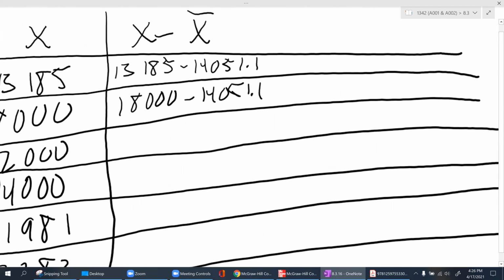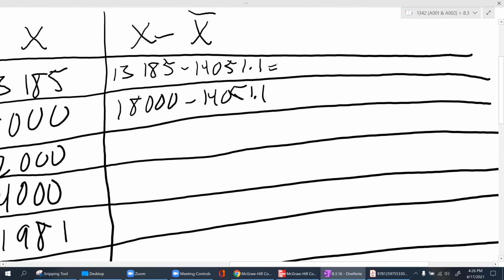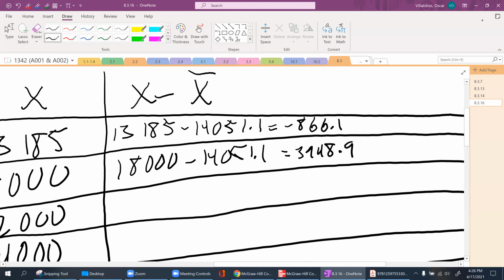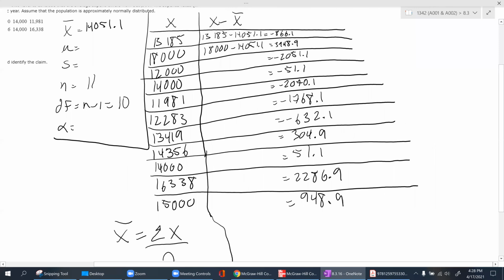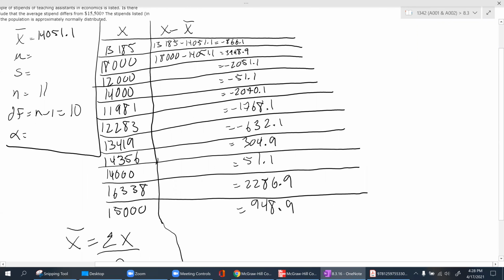So for this first one, this is 13,185, which gives negative 866.1. I'll go ahead and do the first few, and then I'm going to autofill the other ones. 14,051.1 gives me 3948.9. I'll do that real quick and be right back. Okay, and here we go. I went ahead and got all those values.